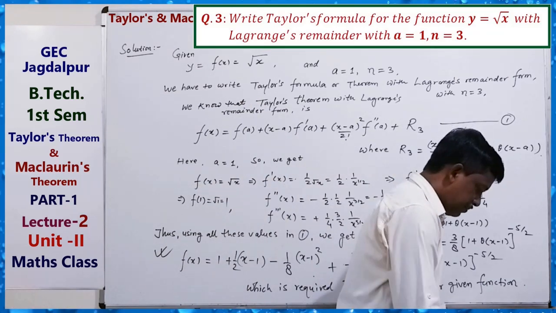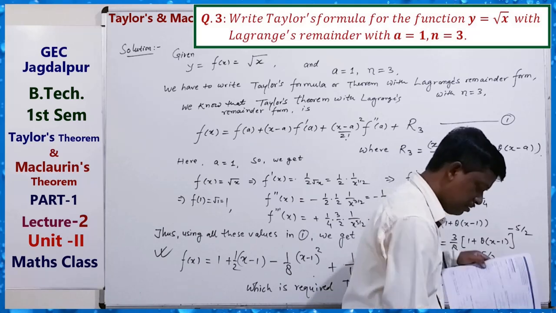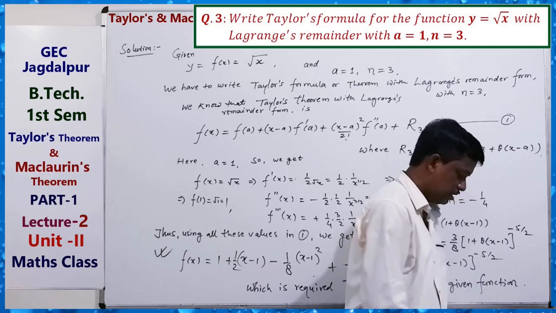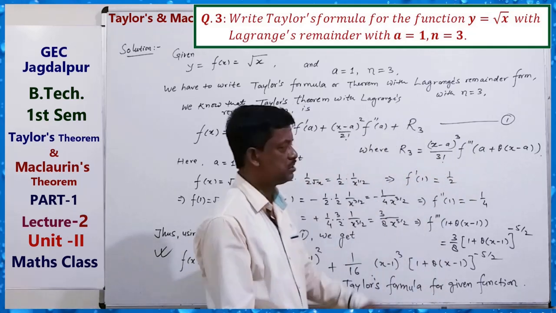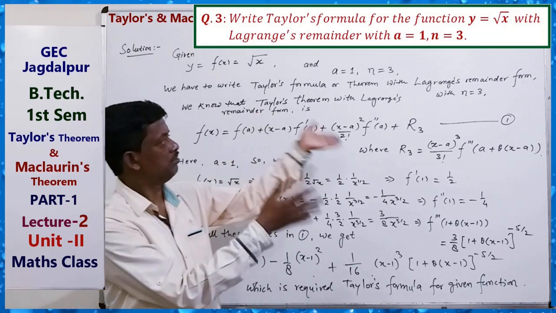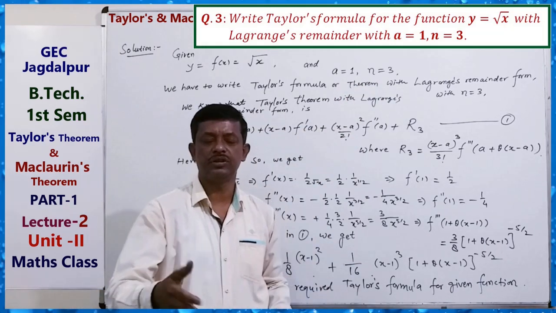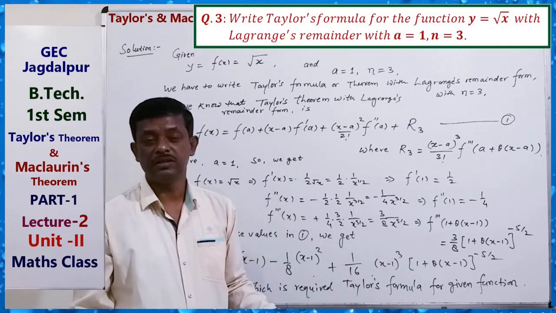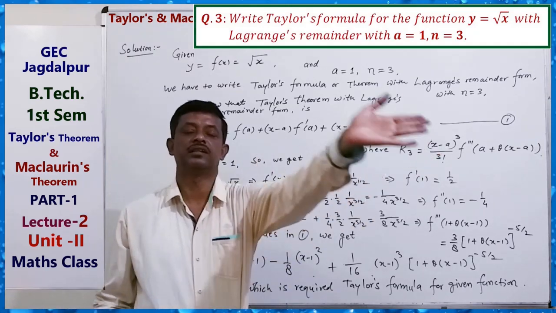Similarly, we can write Maclaurin's formula, Maclaurin's theorem and Taylor's theorem also using the remainder form up to the term whatever be the given n, equals 3, 4, 2 and so on. If nothing is given, then you have to write up to the nth term.